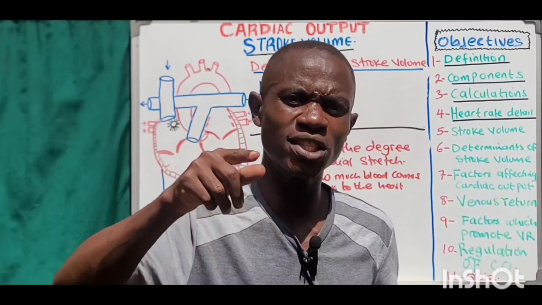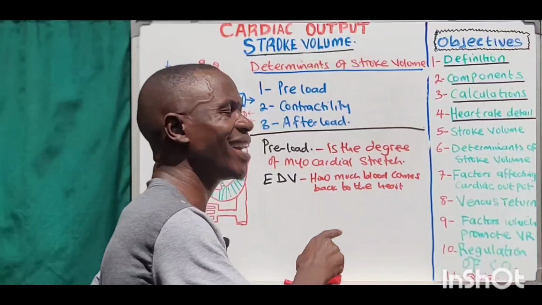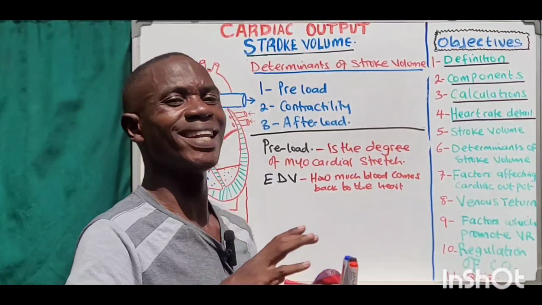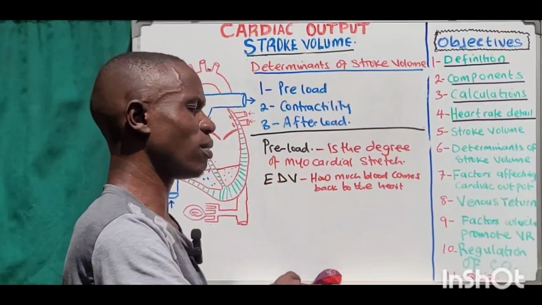If you increase venous return, you're going to be increasing end diastolic volume, and if you increase end diastolic volume, you're increasing the degree of myocardial stretch, which we call the preload.